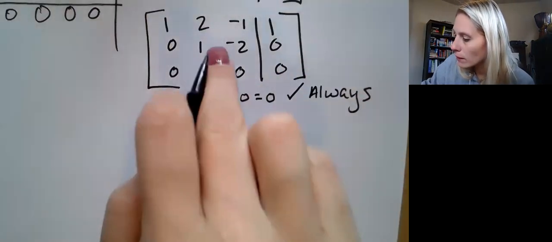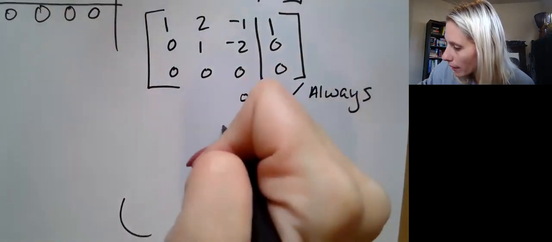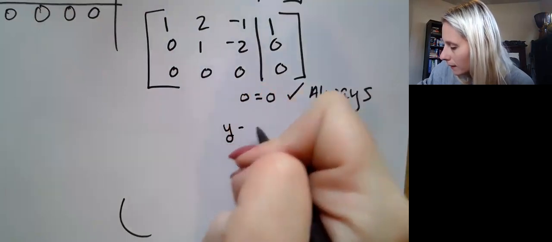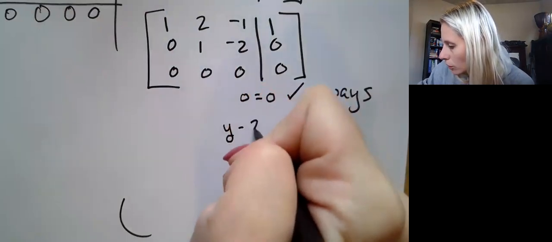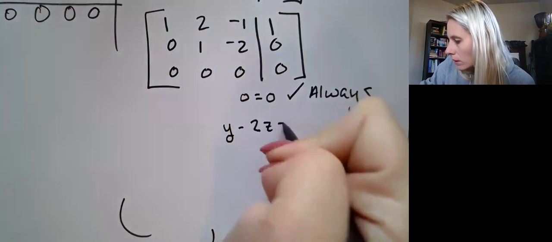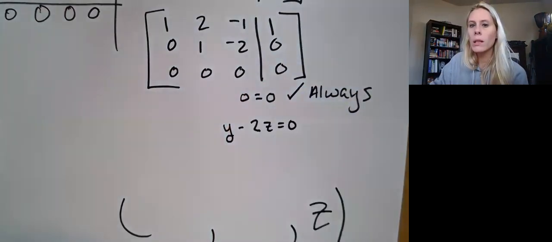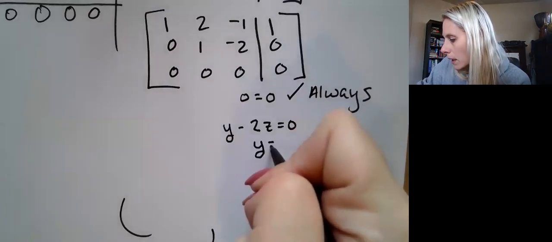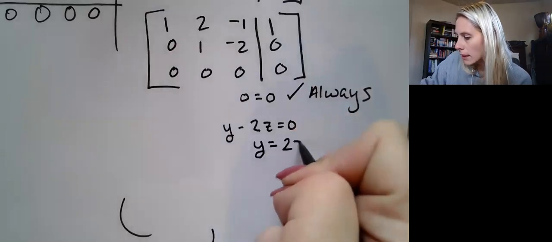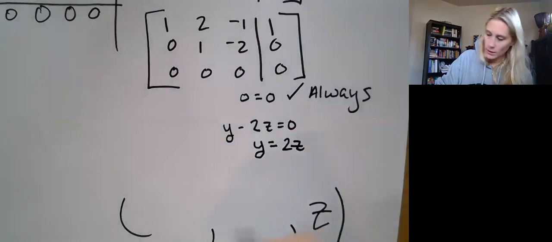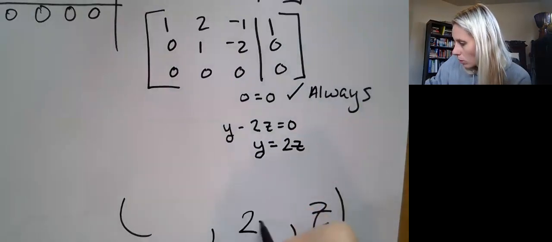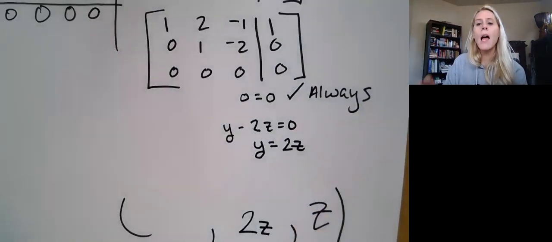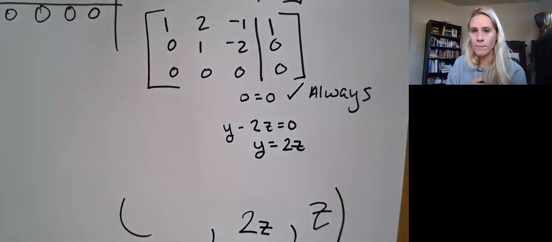So if you look at the y's, let's look at the y first. We get y minus 2z equals 0. So now we're going to solve for y. To solve for y and get it by itself, we go y equals 2z. So that is what we put for the y coordinate. We're going to have it in terms of z's.